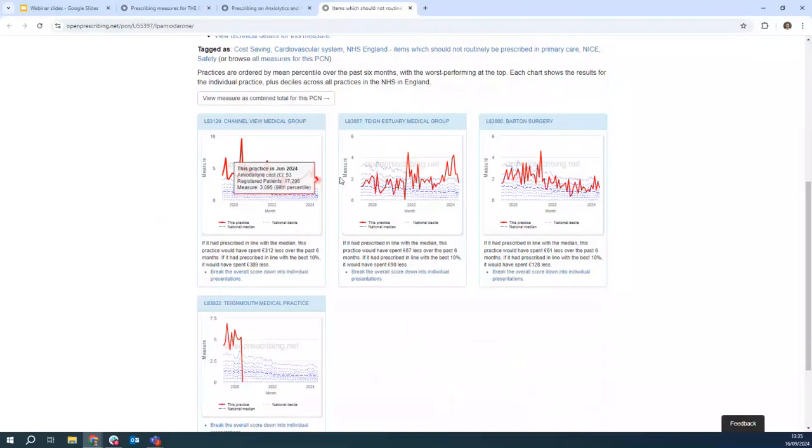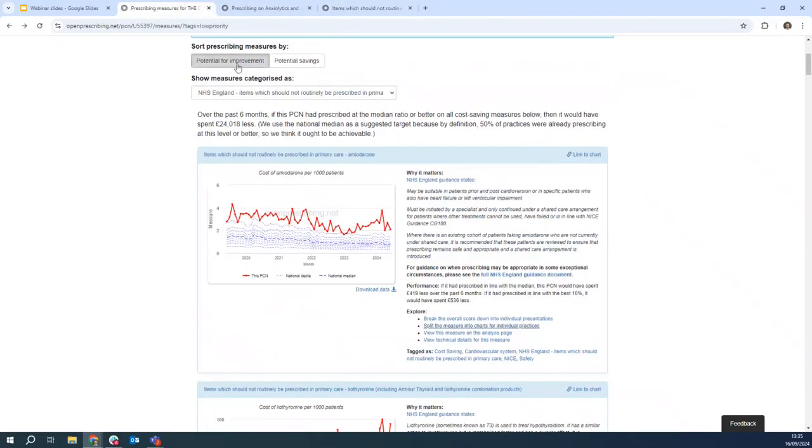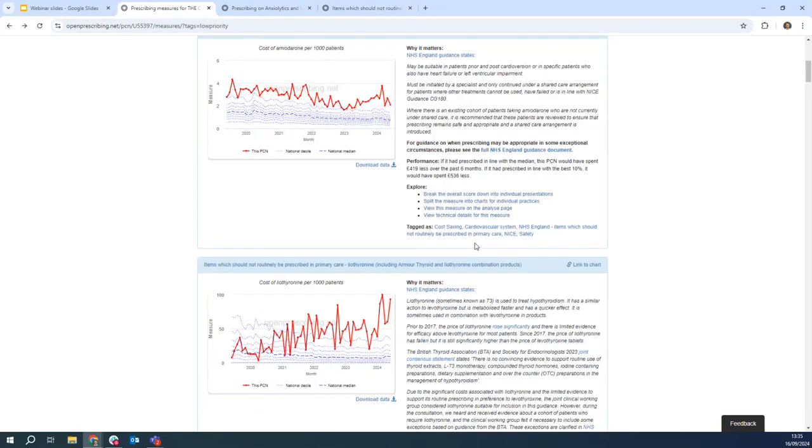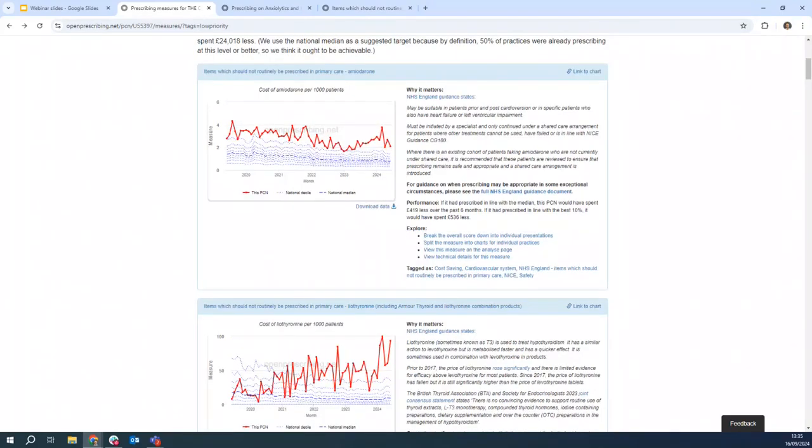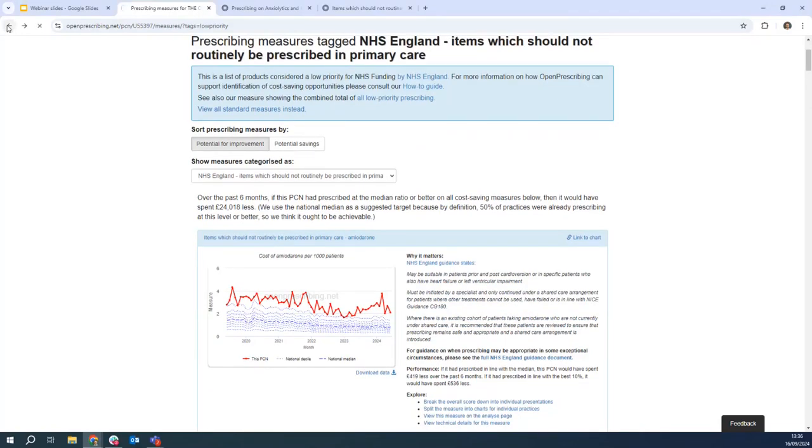Again, they're all quite high, so maybe it's something regional. These are basically a separate set of measures, but very similar in terms of how you interpret and read them. They've all got why it matters next to them as well, and they all link into the standard guidance.